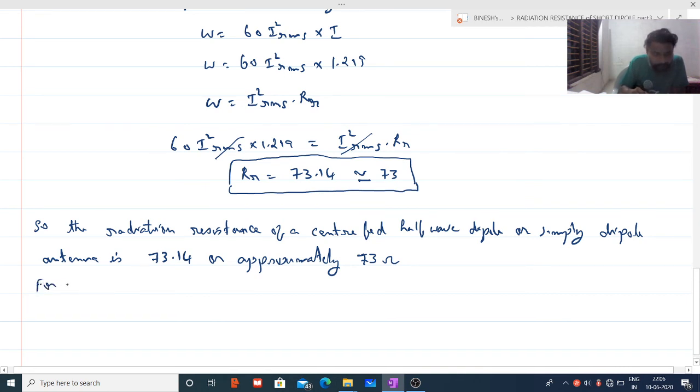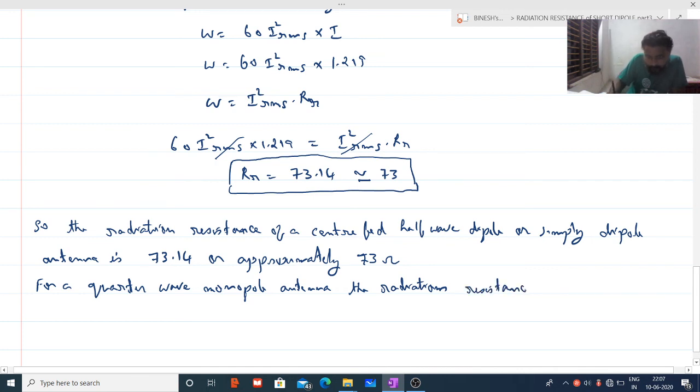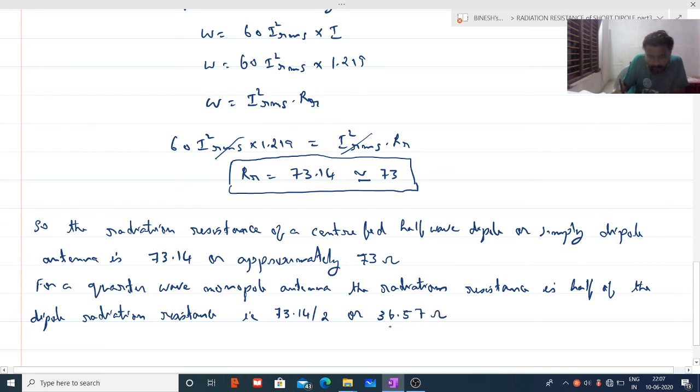For a quarter wave monopole antenna, the radiation resistance is half of the dipole radiation resistance, that is 73.14 by 2 or 36.57 ohm. Okay.